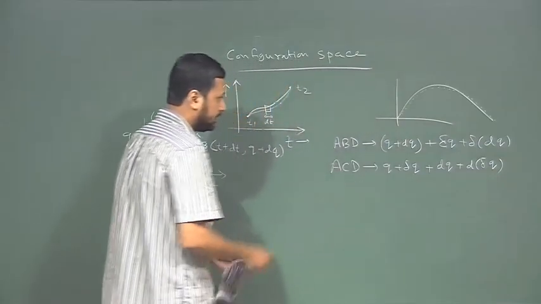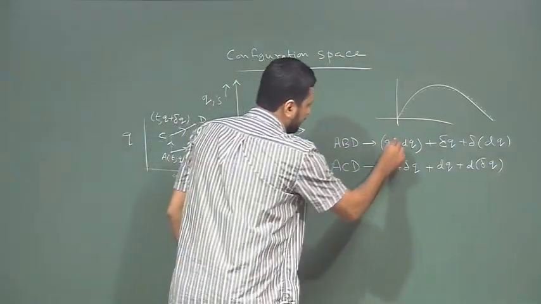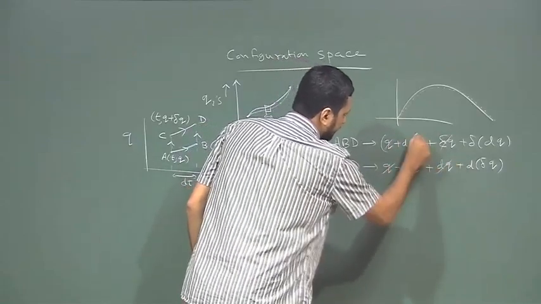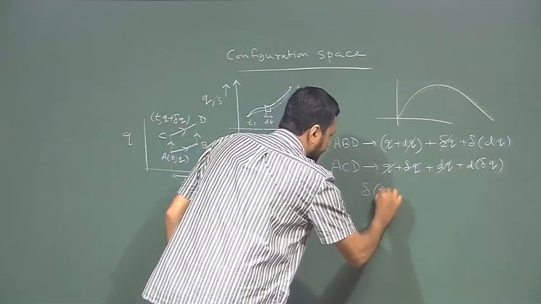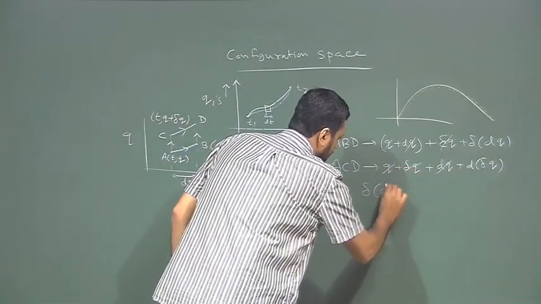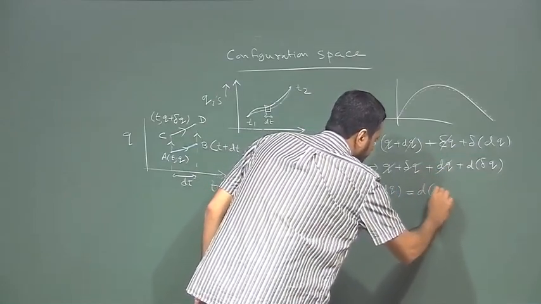If we equate this to this and cancel the common terms, the remaining will be delta dq equal to d delta q.